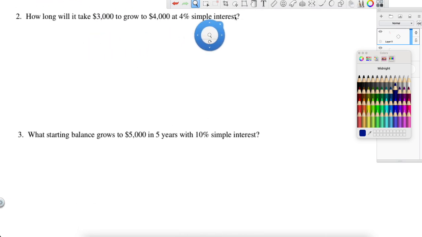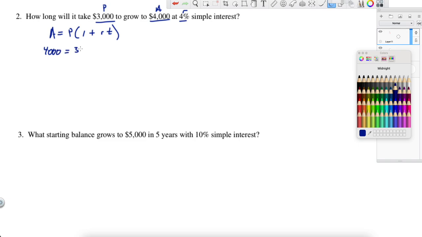How long will it take 3,000 to grow to 4,000 at 4%? Okay, so 4,000 is our A, and 3,000 is our P, and this is our rate right here, and we're looking for time. $4,000, 3,000 is our principal, our rate, and t is what we're looking for.